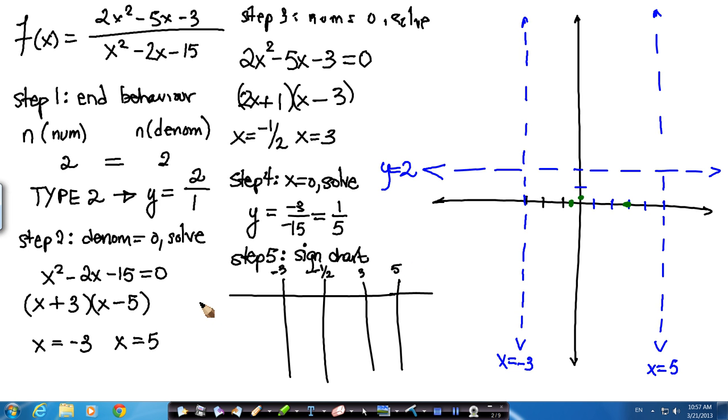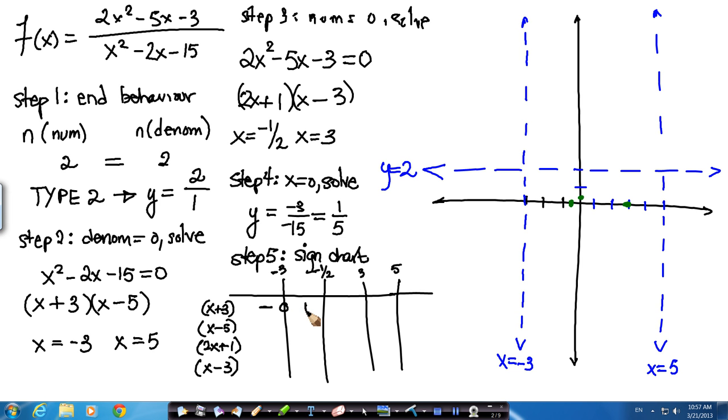Our four factors then are x plus 3, x minus 5, 2x plus 1, and x minus 3. We said x plus 3 equal to 0, we get negative 3.